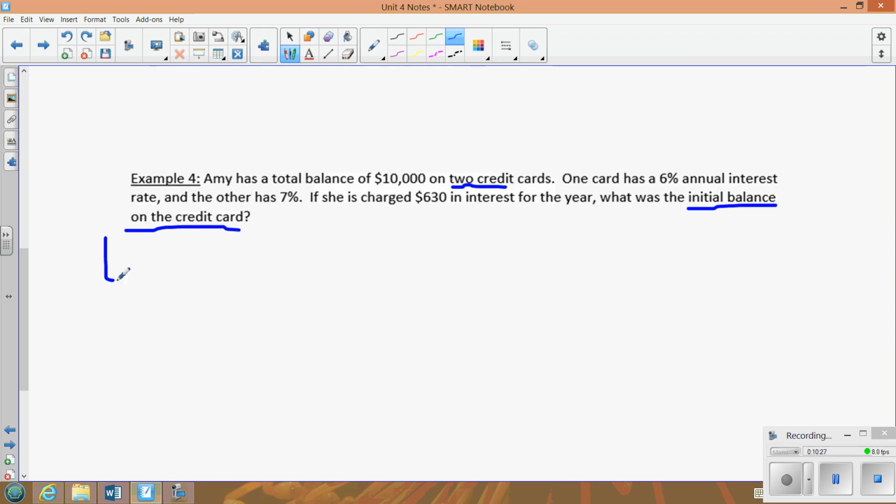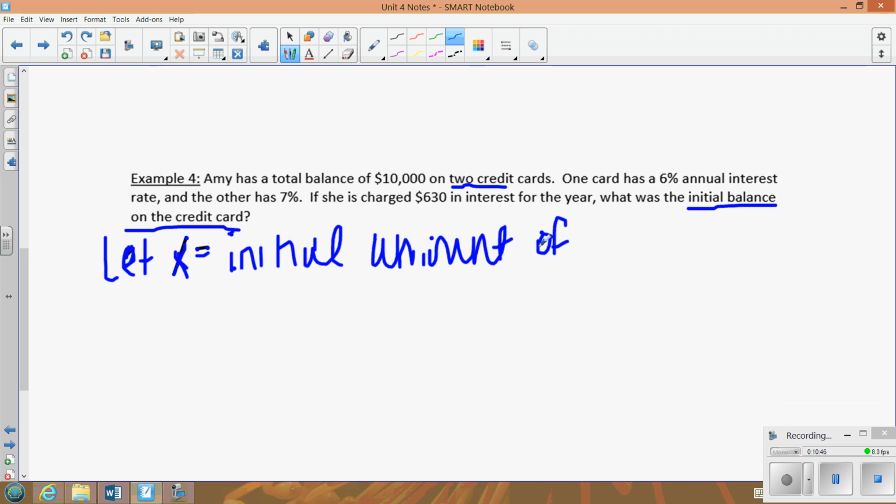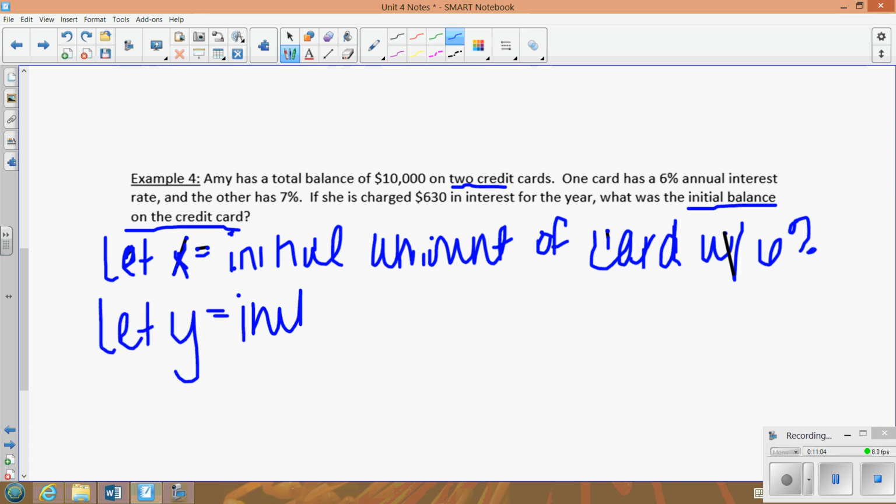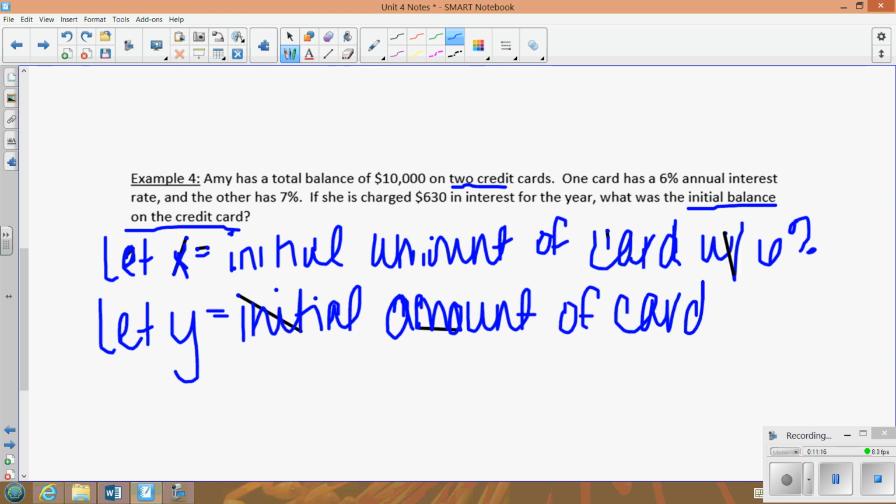So we're going to let X equal the initial amount on the 6% card, the initial amount of the card with 6% interest, and let Y equal the initial amount of the card with 7% interest.